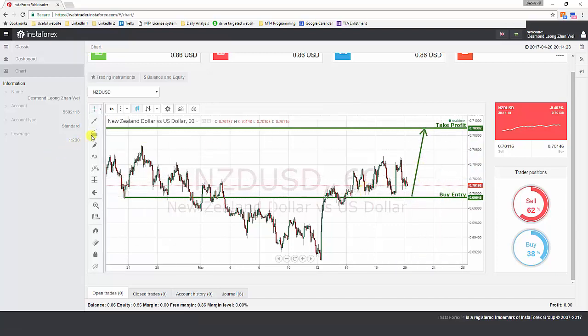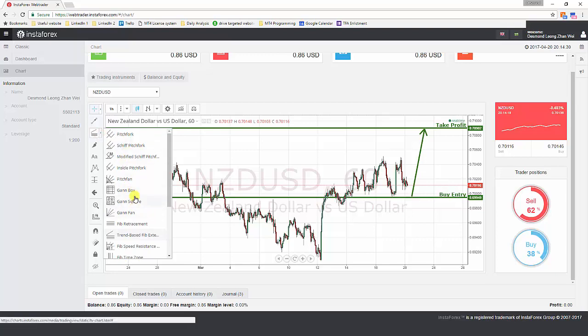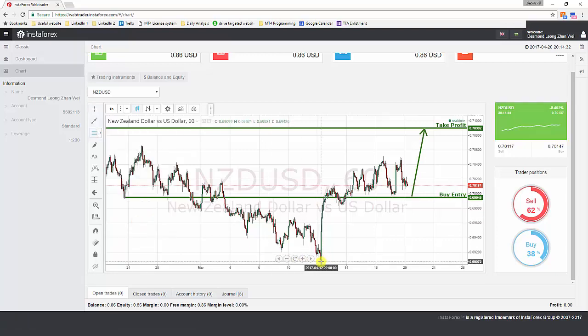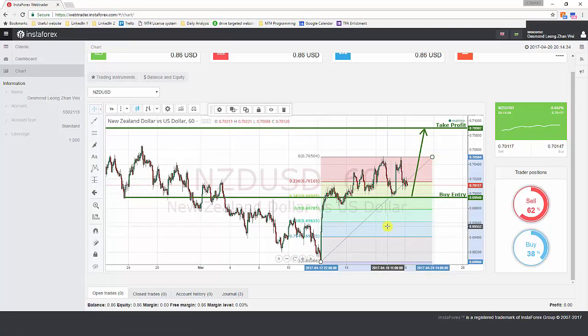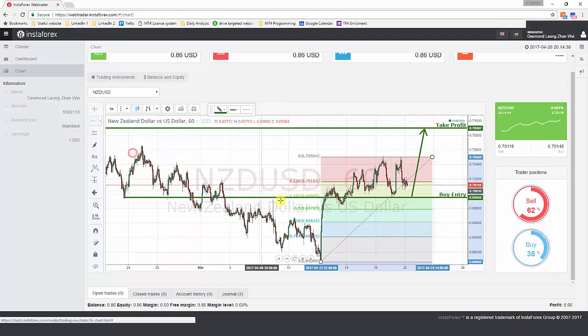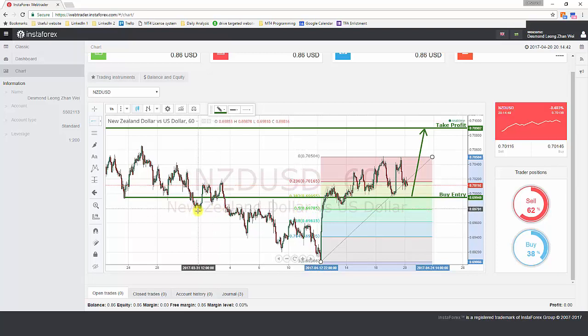Then where is our stop loss going to be? If we take a Fibonacci retracement from the bottom of here to here, a safer place to have our stop loss would be either the 50% or the 62%.